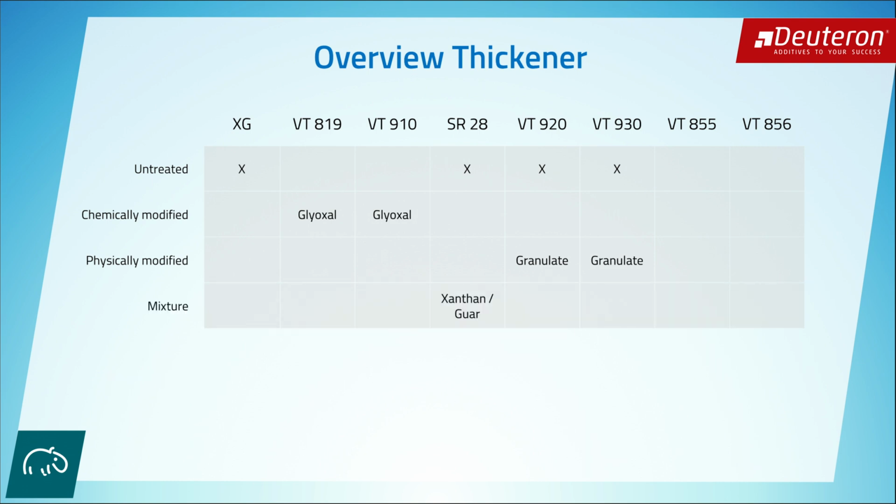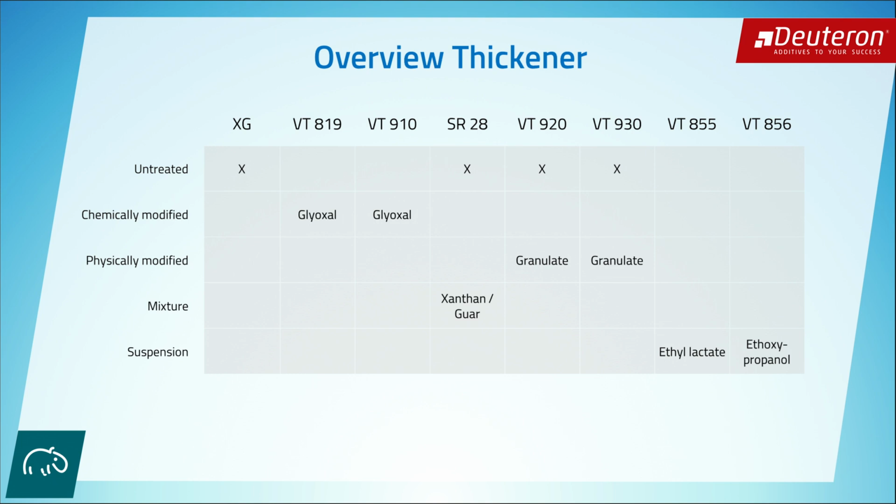Deuteron SR28 is a mixture of xanthan gum with guar gum, also a polysaccharide. Compared to pure xanthan gum, it leads to a higher basic viscosity, but may be disadvantageous in terms of pH stability. Deuteron VT855 and VT856 are pastes of Deuteron XG pre-wetted with water-soluble solvents.